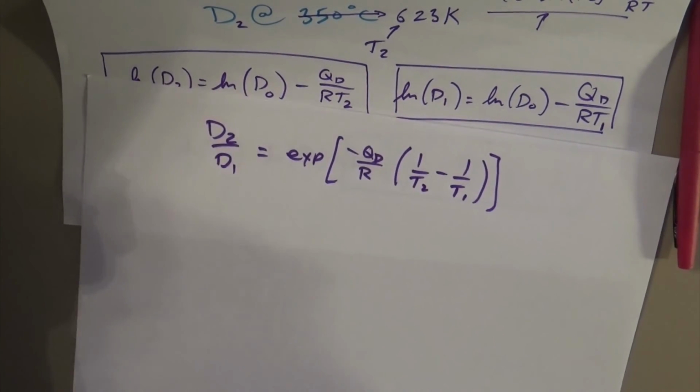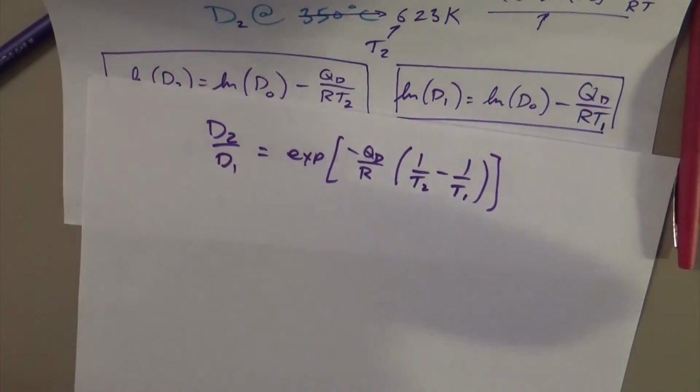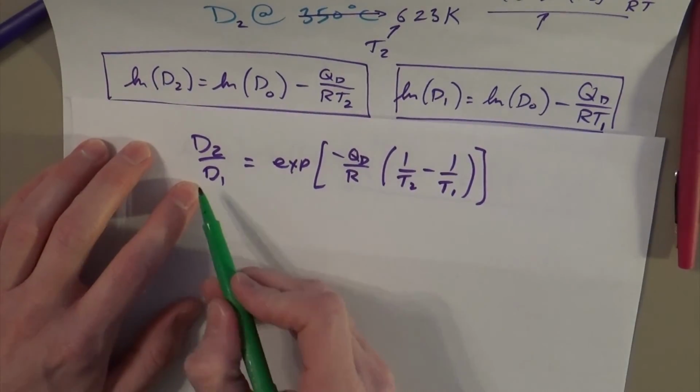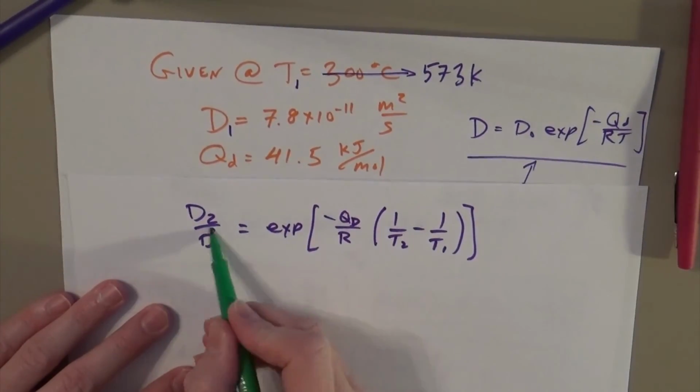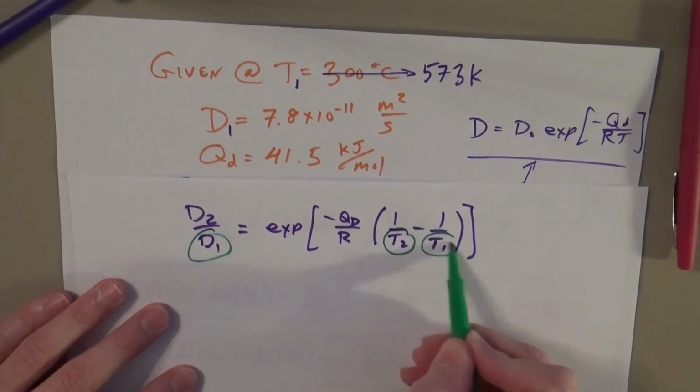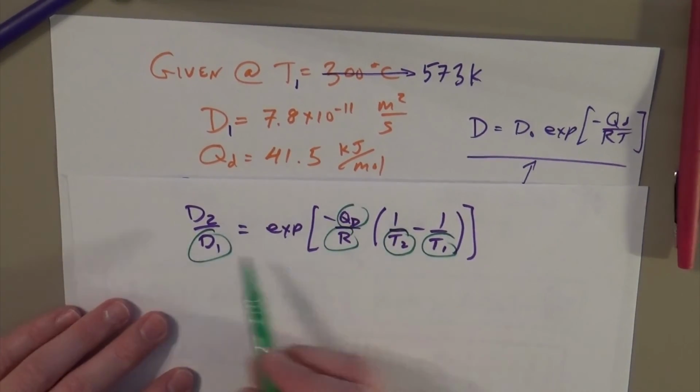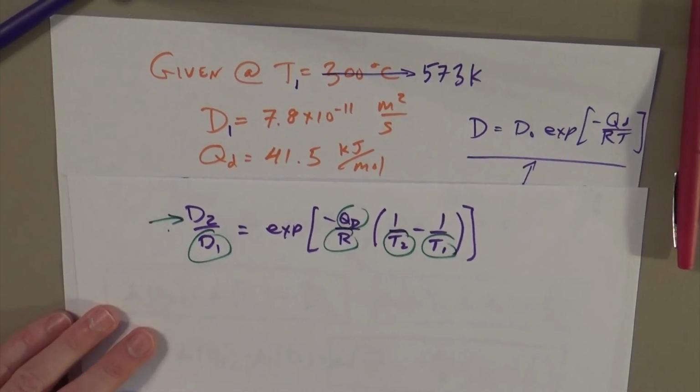In this expression now, we know D1, we know T2, we know T1, we know R, we know Q_D, and we're solving for D2.